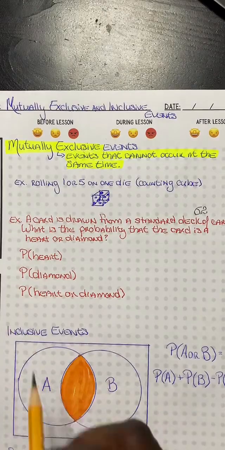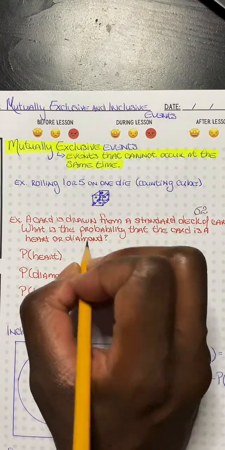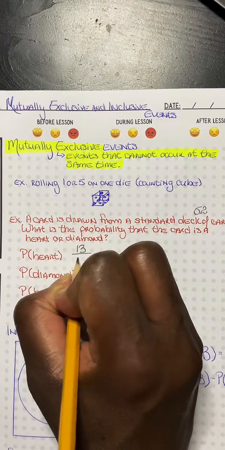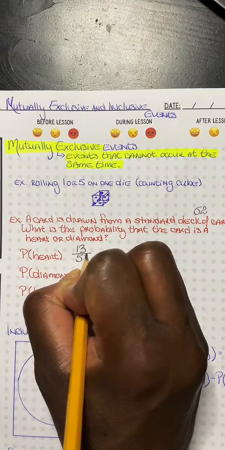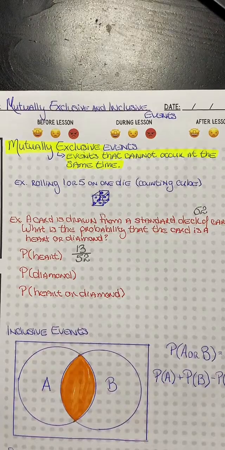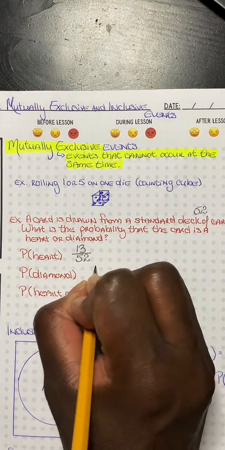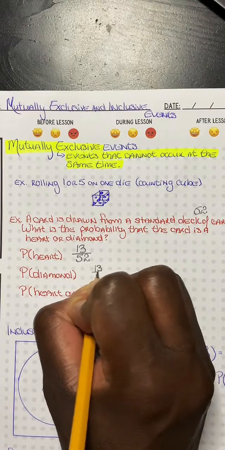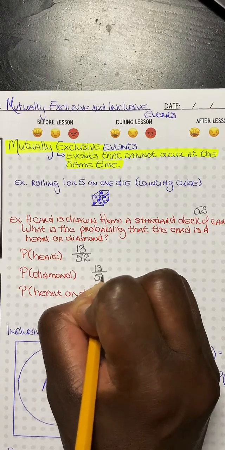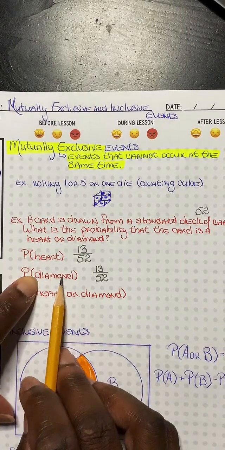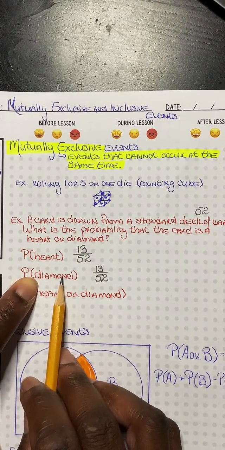So the probability of getting a heart is 13 out of 52. The probability of getting a diamond is 13 out of 52. Okay? So you can't get a heart and a diamond at the same time.